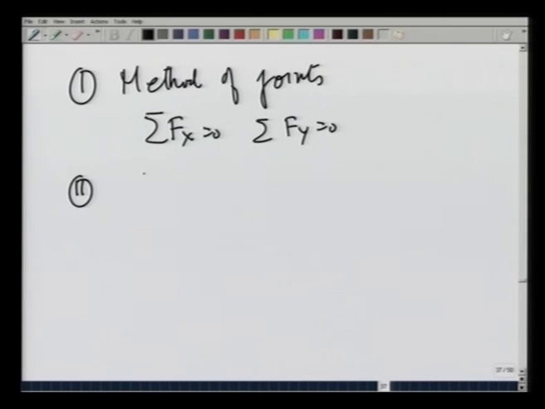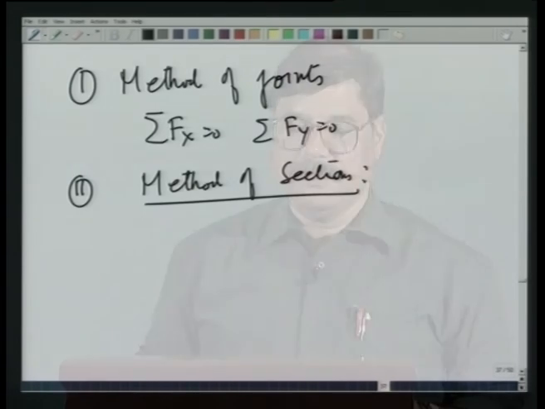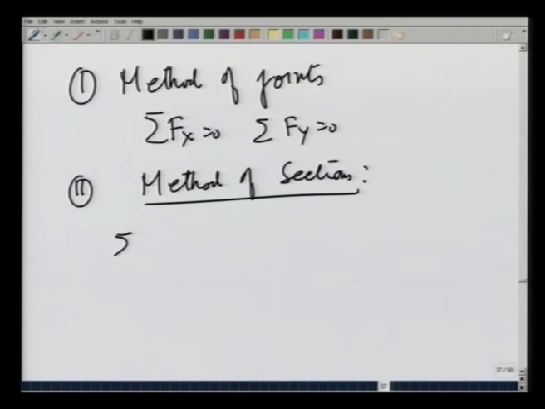The other method that we have seen is method of sections, which can be applied to selectively calculate forces in different members of a truss. What is done in this is a section is made where a maximum of 3 forces are passing through, because the equations that we apply are 3 in number: summation Fx equal to 0, summation Fy equal to 0 and summation torque equal to 0. So, in any calculation the maximum forces I can calculate are 3. So, the section is made so that there are maximum 3 forces through that section, and then we apply the equilibrium conditions to get these forces.